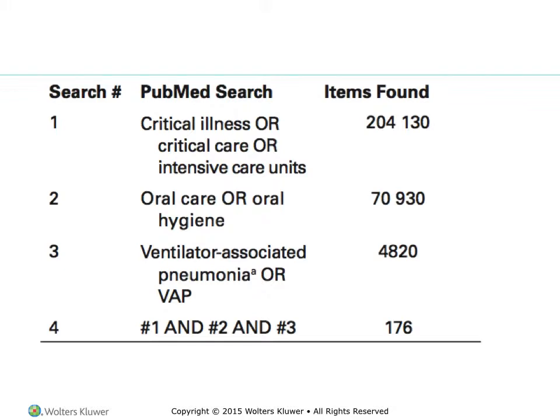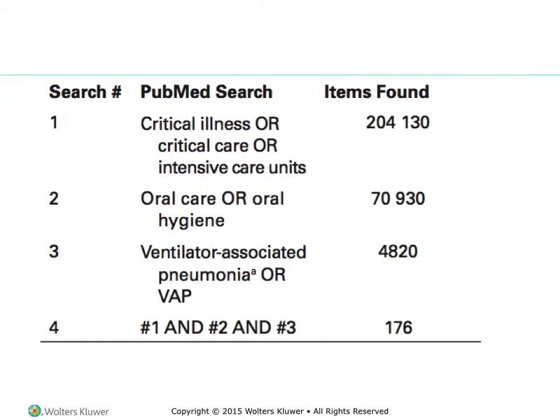I talked about how I want you to keep track of your searches as you go along, and this slide is an example of a search table, and they're just naming the searches 1, 2, 3, and 4. But it shows that the first search they did was they used critical illness or critical care or ICU and found 204 studies.